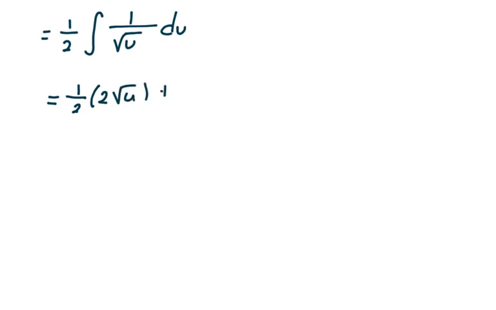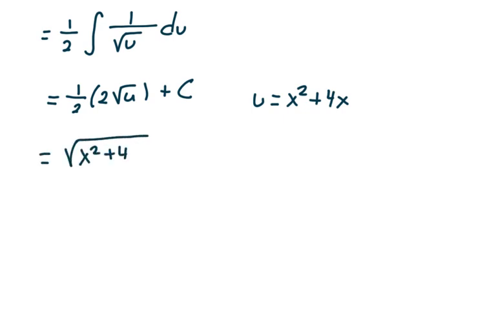And so this is 1/2 the integral of 1 over the square root of u du, which is 1/2 of 2 square root of u plus c. But remember, u is x squared plus 4x. And so this is the square root of x squared plus 4x plus c.